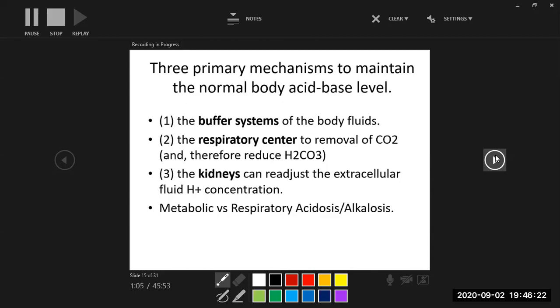That is a very important one. If our lung has fibrosis and cannot breathe out CO2, then CO2 will accumulate in the body, the PaCO2 level will increase, and the hydrogen acidic level will increase. That's not good. And the other one is the kidney.